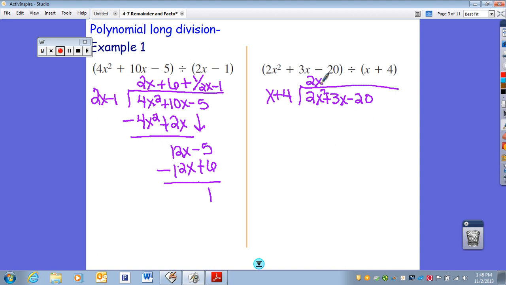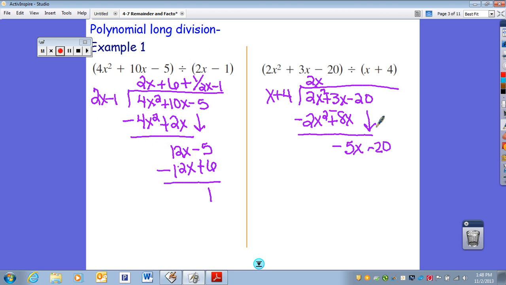Now I multiply 2x times x, and I get 2x squared, and I multiply 2x times 4, and I get 8x. But again, remember that we are going to subtract, so we have to subtract both of the terms. That leaves me with negative 5x, and I'm going to bring down my negative 20.